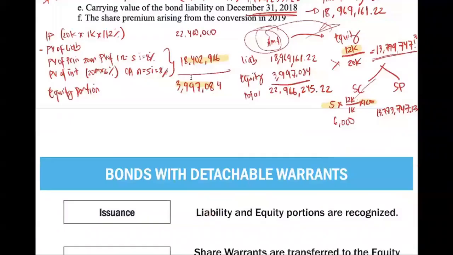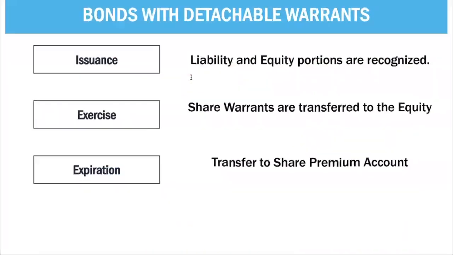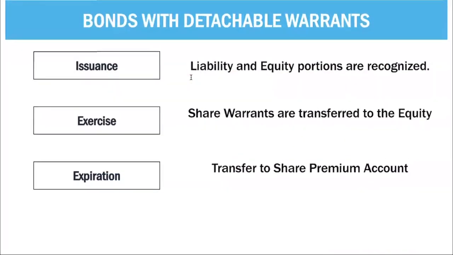Okay? Next, we go with your bonds with detachable warrants. What do we have here? These bonds will always be accounted as a normal bond, but what we have here is a bond and a detachable warrant.